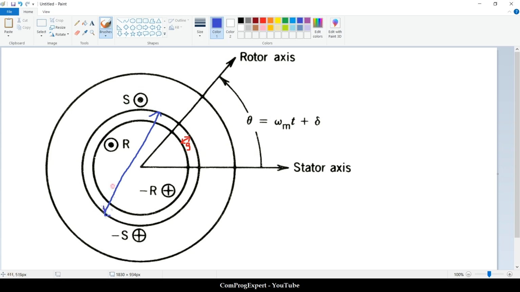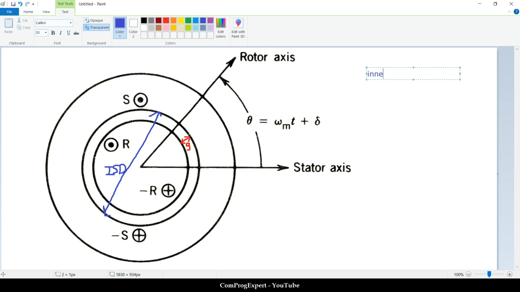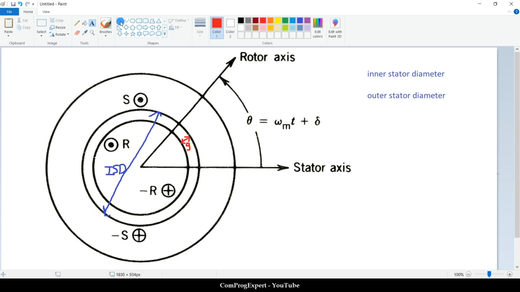We have this important diameter. This is the inner stator diameter, or ISD. And we have another parameter that is the outer stator diameter, OSD. So this is ISD, inner stator diameter, this variable, and this is OSD, outer stator diameter.